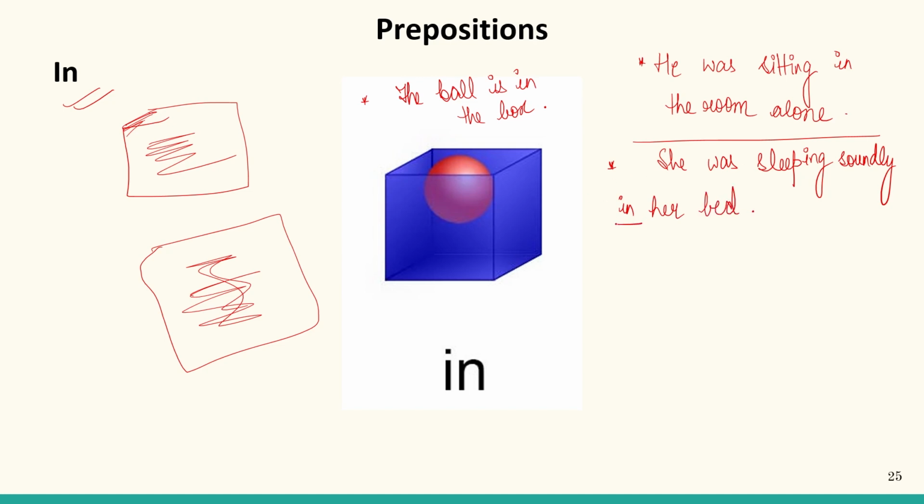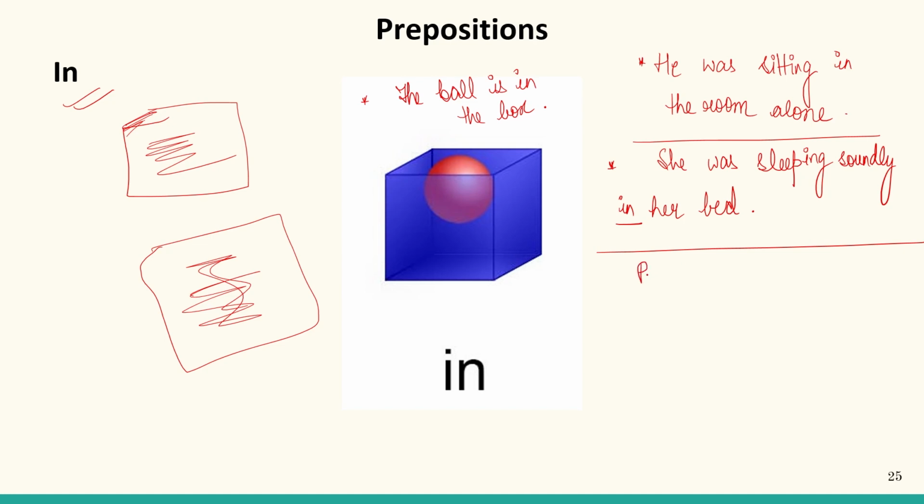So here we can use in, not on. On is used when we generally lie on the bed, when we generally sit on the bed. But when we are in a comfortable position, when someone is sleeping over there, we should use in rather than on.